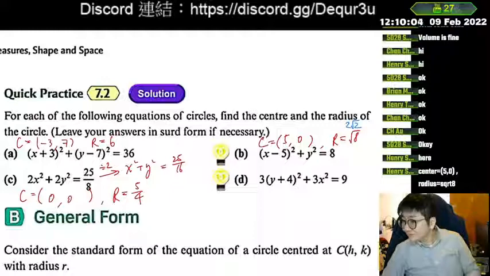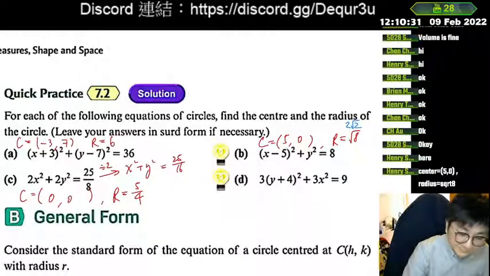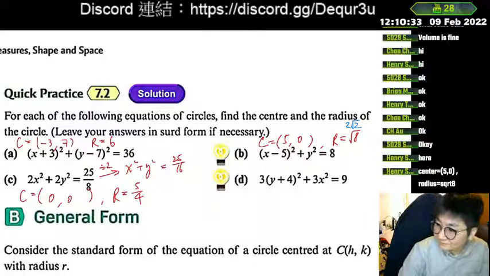Center? You mean the center? This is the center. Oh, okay, (0, -4). Okay, this is the center, and the radius is square root of 3.